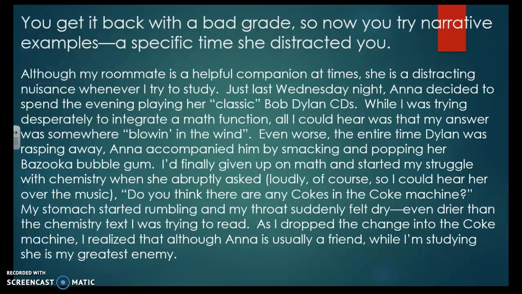I'd finally given up on math and started my struggle with chemistry when she abruptly asked, loudly of course, so I could hear her over the music, 'Do you think there are any Cokes in the Coke machine?' My stomach started rumbling and my throat suddenly felt dry, even drier than the chemistry text I was trying to read. As I dropped the change into the Coke machine, I realized that although Anna is usually a friend, while I'm studying, she is my greatest enemy."